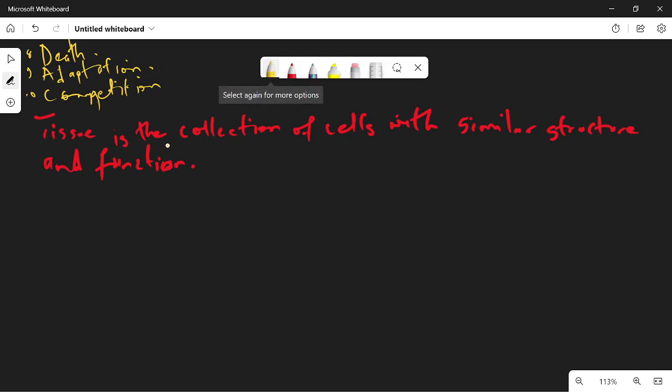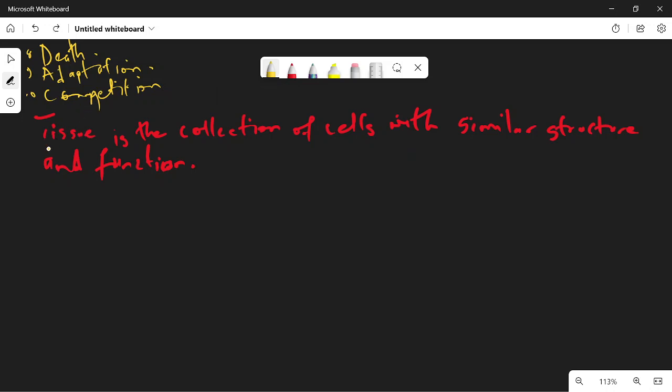Now, I said a tissue is a collection of cells with similar structure and function. So when we have a collection of cells that are structurally similar, they look alike in certain ways, and when their functions are aligned, they are grouped together to become what we refer to as tissue.